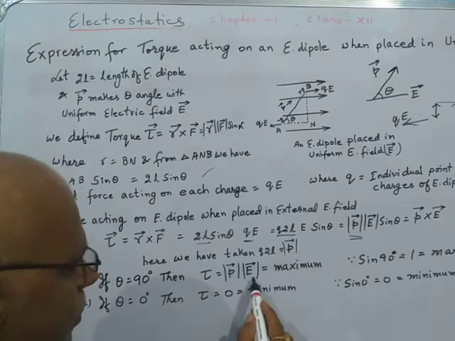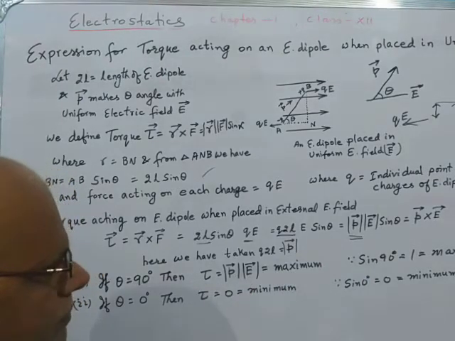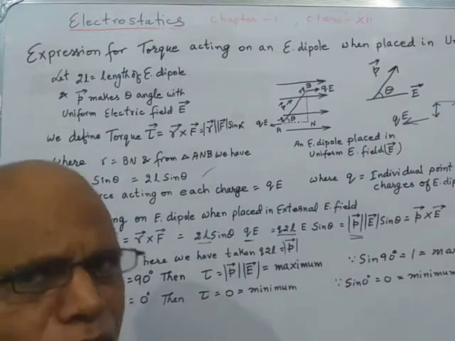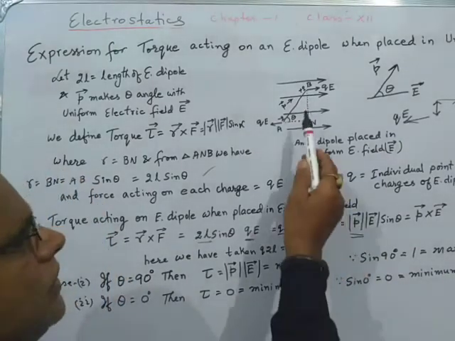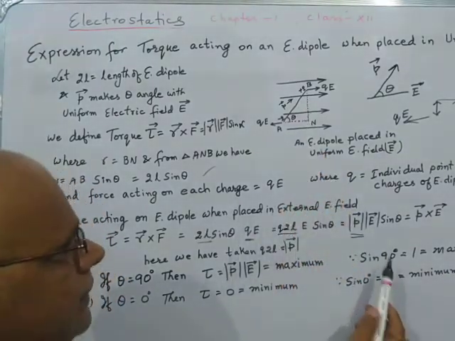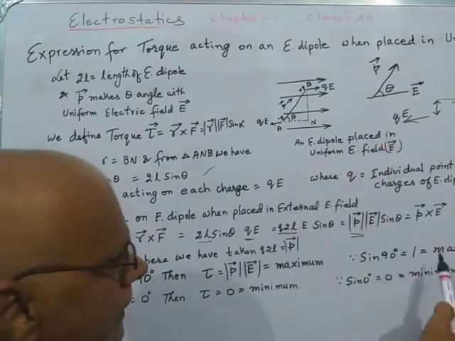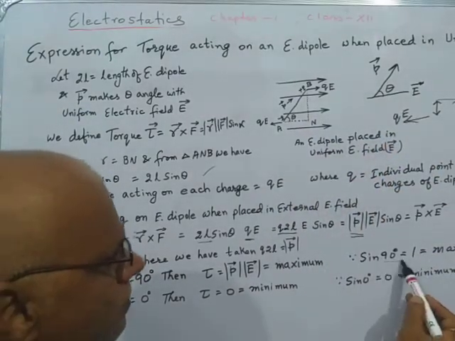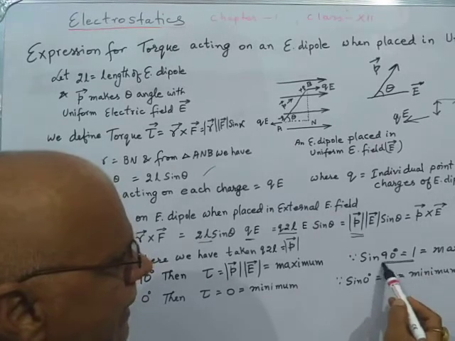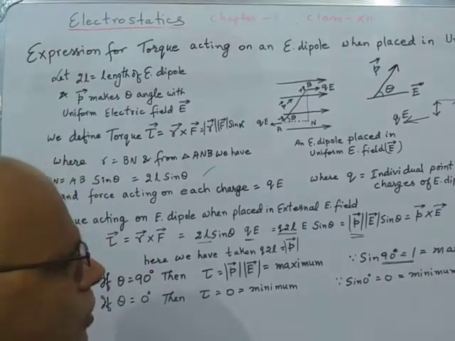So the maximum torque will be acting on the electric dipole when it is placed in an electric field and the angle between the dipole and the field is 90 degrees.